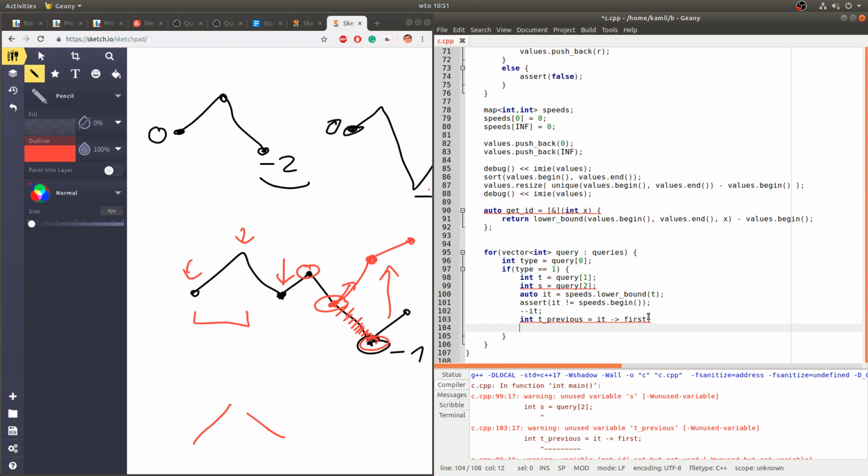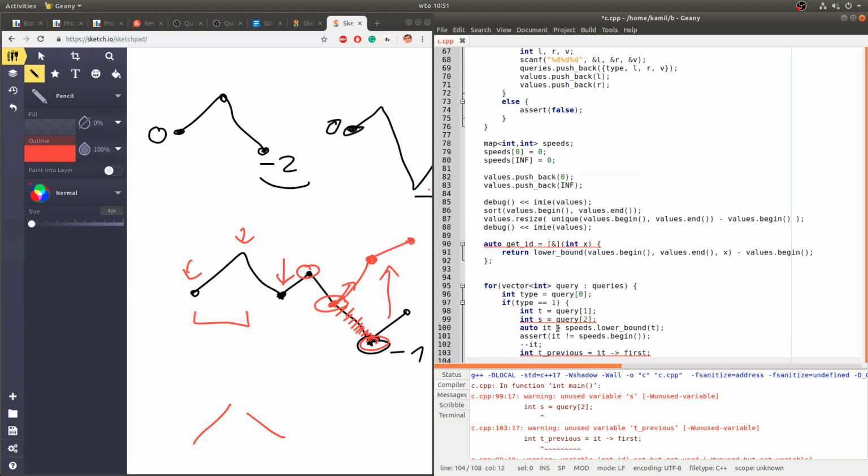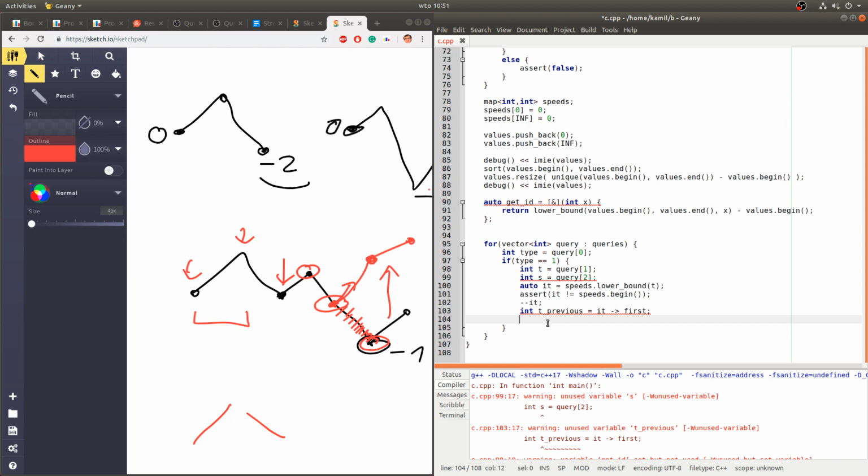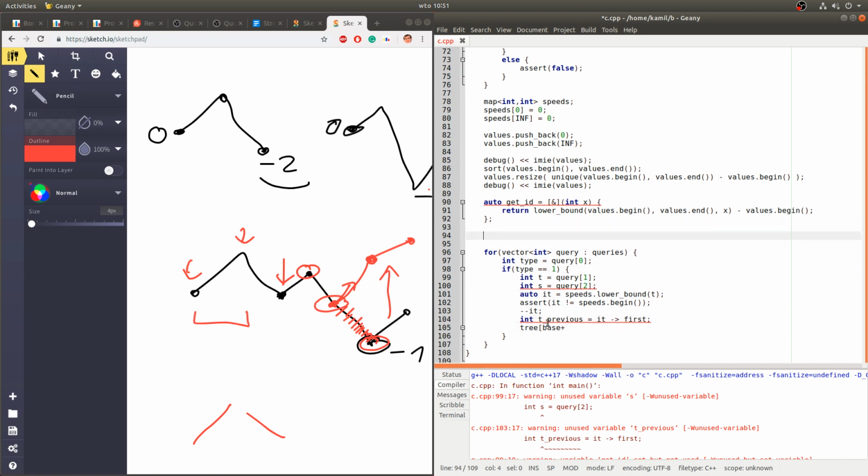Okay, so segment tree is built on segments, not on points now. I need to go to the leaf in a segment tree representing this time and to say to him that his segment is shorter. So it will be like tree of, this will be a power of 2. Let's create that.